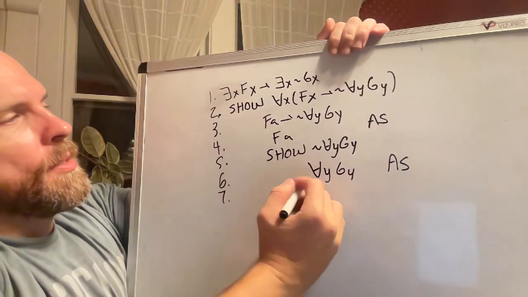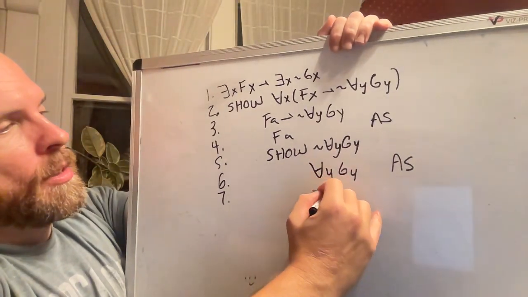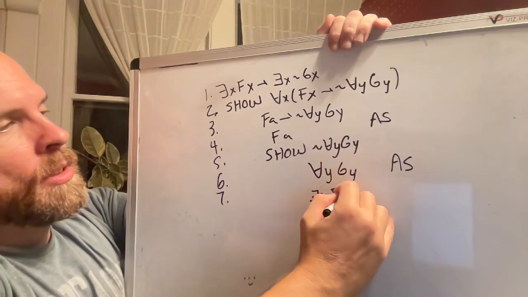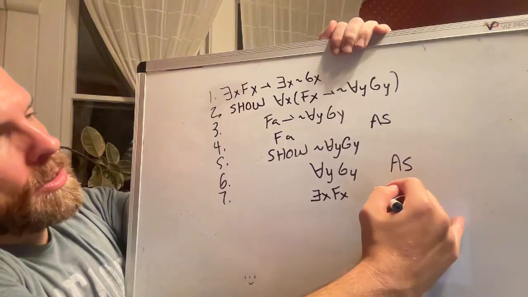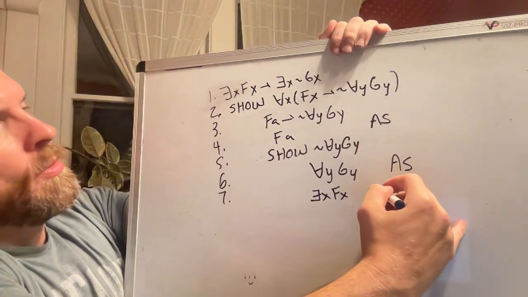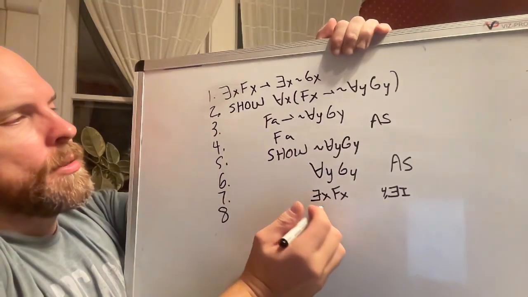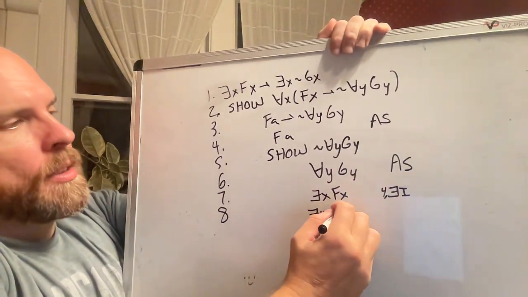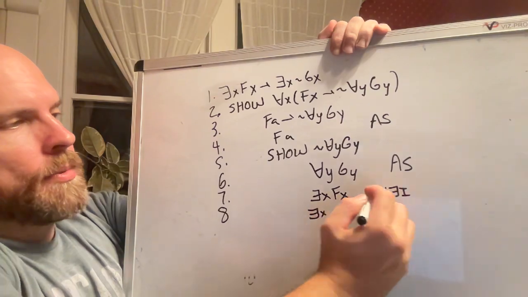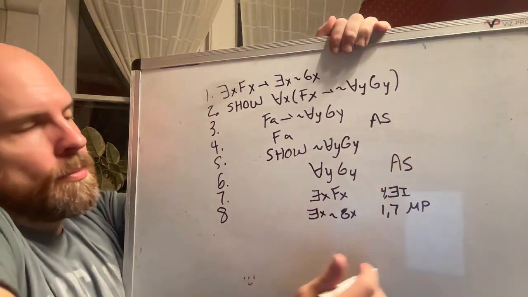What I do have is on line 4, FA, and I am going to go ahead and introduce existential generalization here, from line 4. And why did I do that? Well, it's because if I use line 7 and line 1, then I can get there is something that's not G. So that's 7 and 1, Modus Ponens.